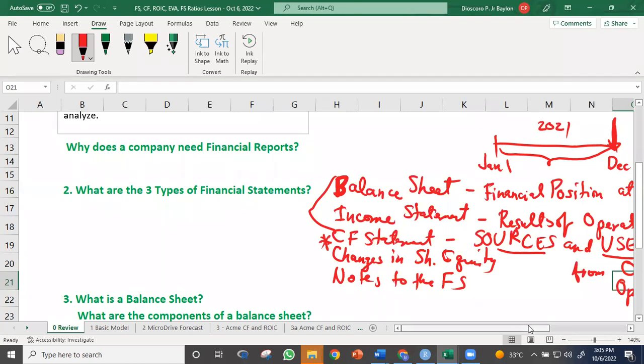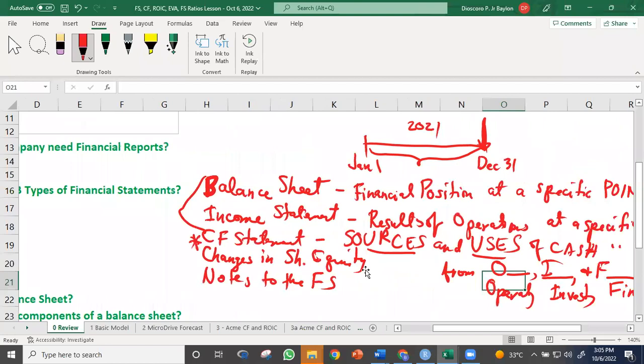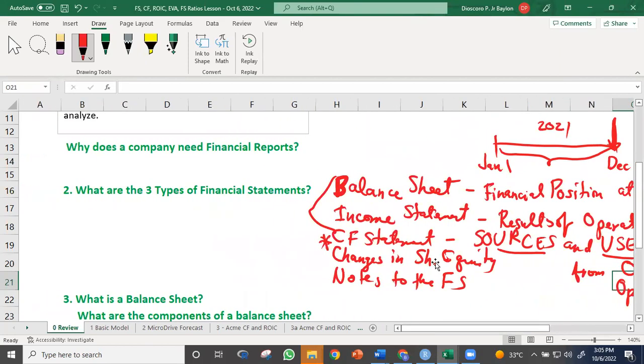Okay, it tells us also of the changes in the equity amount, equity accounts. Okay, for a particular specific period of time. Okay, and also the notes to the financial statements, which can be found in audited financial statements. So these are the most basic types of financial statements.